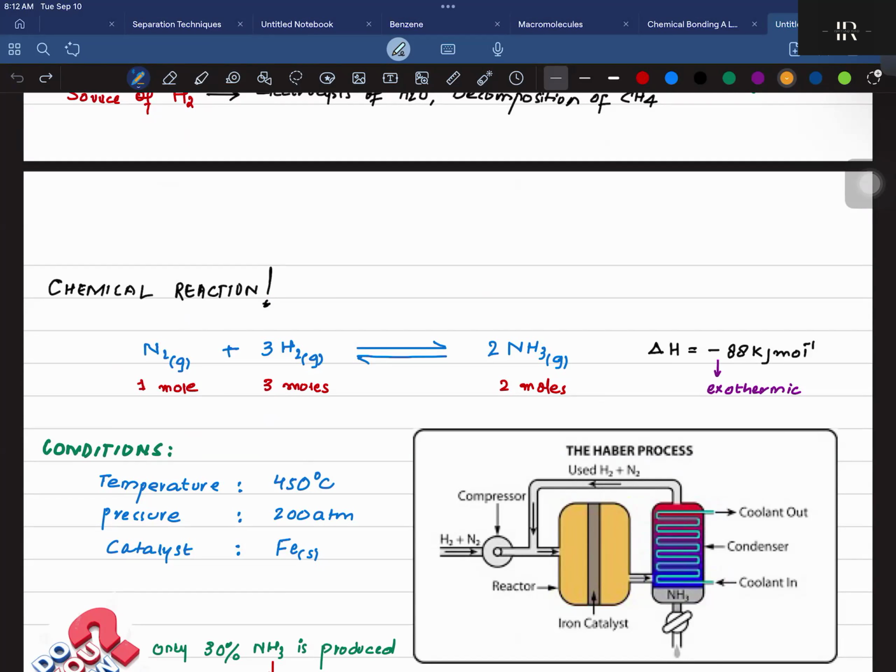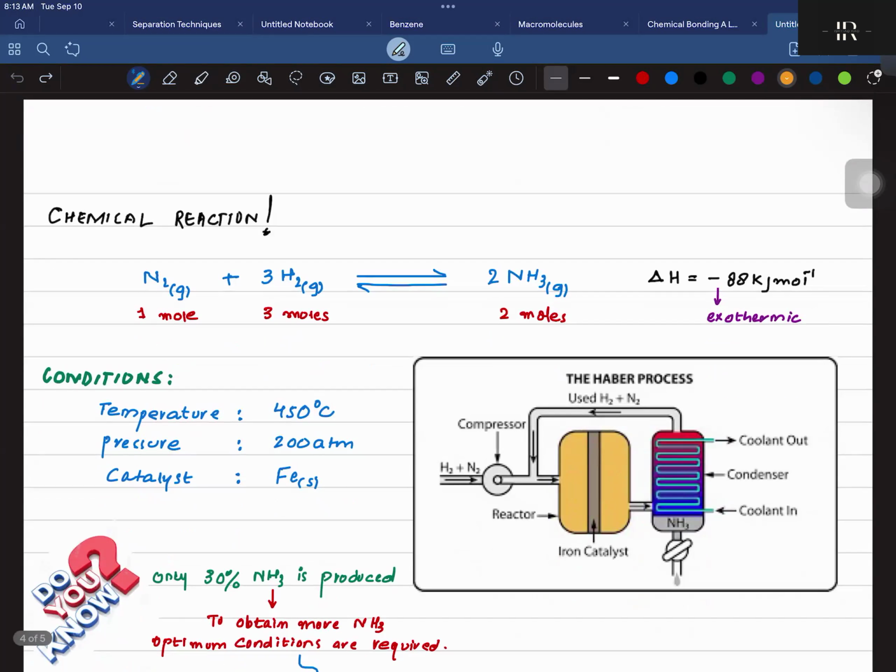For this reaction, the iron catalyst is the most suitable one. So you cannot use any other metal as a catalyst in this reaction, although transition elements can be used as catalysts in general. So specifically, we can only use iron for this reaction. Catalysts are basically exclusive: a particular catalyst for a particular reaction.